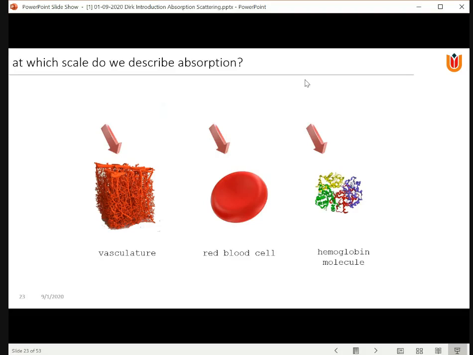And we could even make it smaller. We could describe the absorption of a hemoglobin molecule. So it is important to keep in mind always at what scale we're looking. We're going to start at the molecular level, but we're going to scale it up later to the size of red blood cells, or the size of the vasculature.